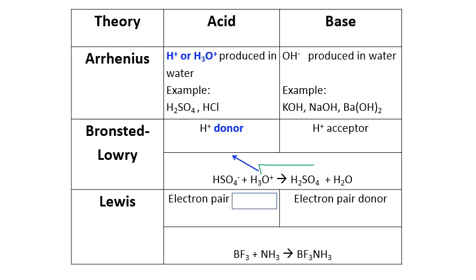When we pair H3O+ with H2O, we notice that H3O+ has lost H+. Therefore, HSO4- will be the proton acceptor. The last one, Lewis theory, says that an acid is an electron pair acceptor. In this case, it's BF3, where we know BF3 has an incomplete octet, so it is ready to accept an electron pair. Hence, NH3 will be the electron pair donor.